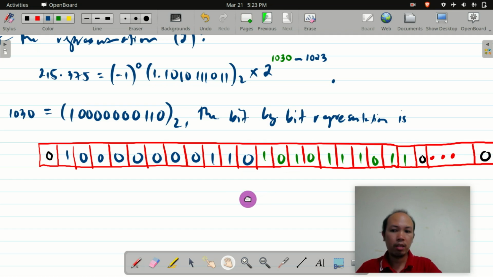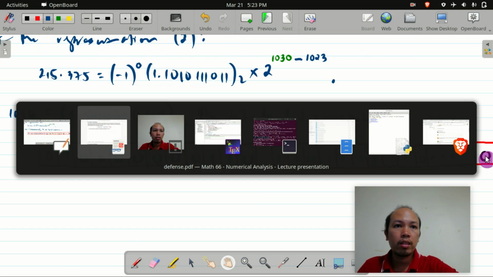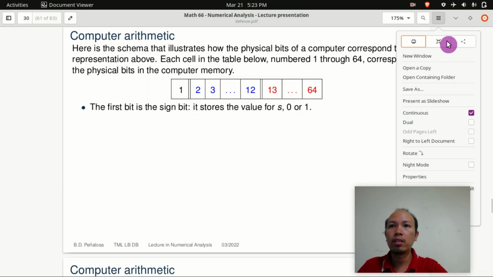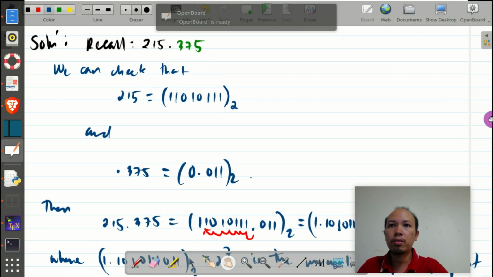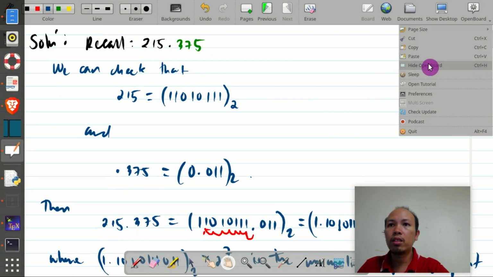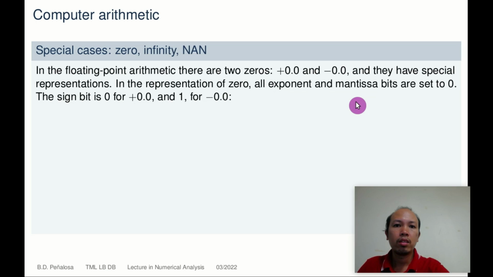Let's go back now to our slide, this one here. For our next topic, we have the special cases: 0, infinity, and NaN, not a number. We will discuss this one.